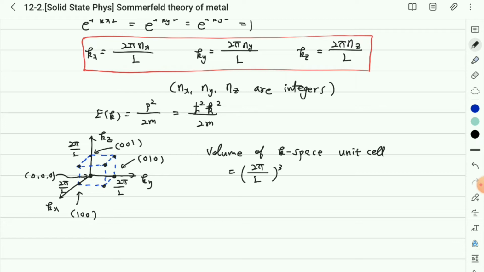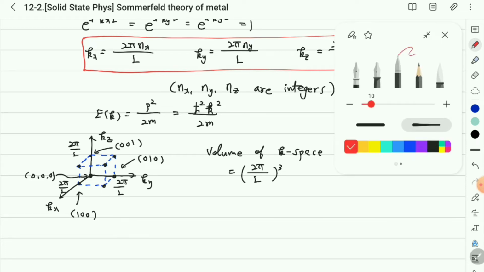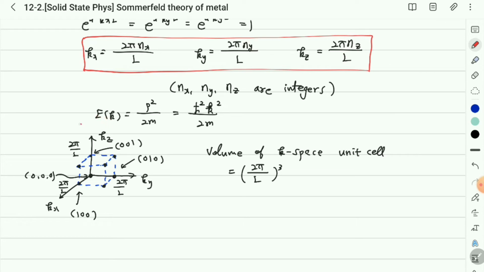Then, when we increase the n value, many particles can be occupied.